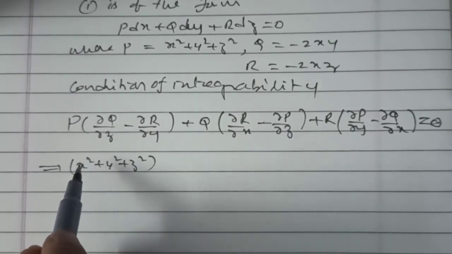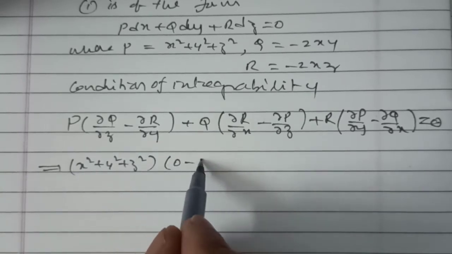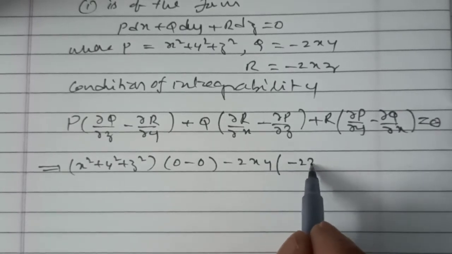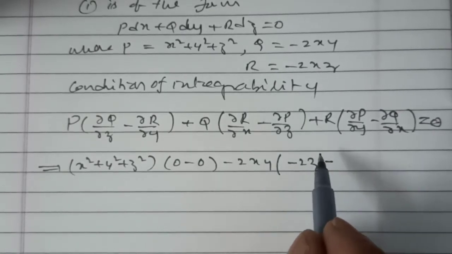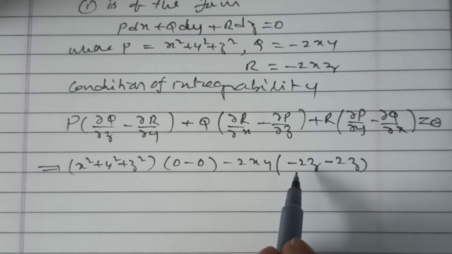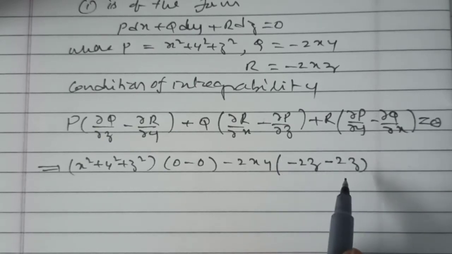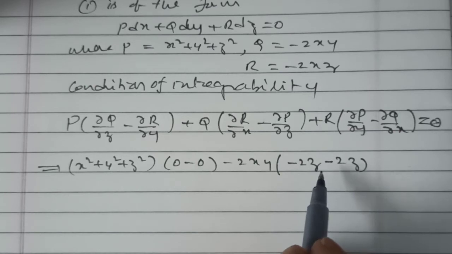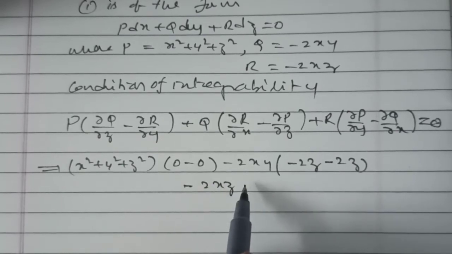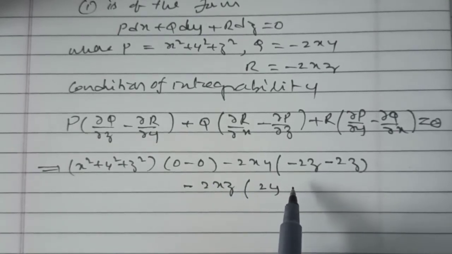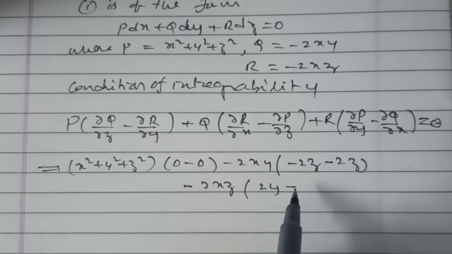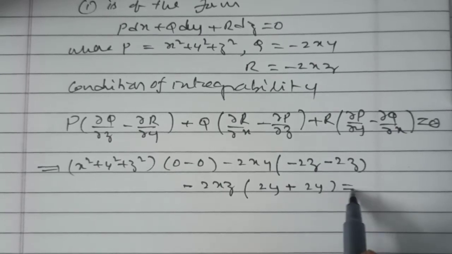So dou q by dou z is 0, again minus 0, minus 2xy into dou r by dou x, which is minus 2z, minus dou p by dou z, which is 2z, so it is minus 2z, plus, again minus because our value is minus 2xz, into dou p by dou y, which is 2y, minus dou q by dou x, so minus of minus is plus 2y, is equal to 0.